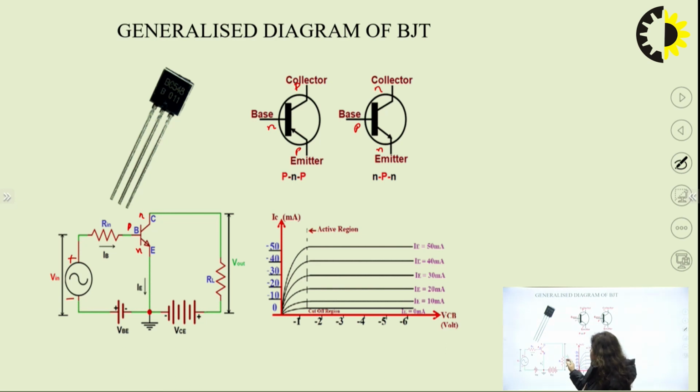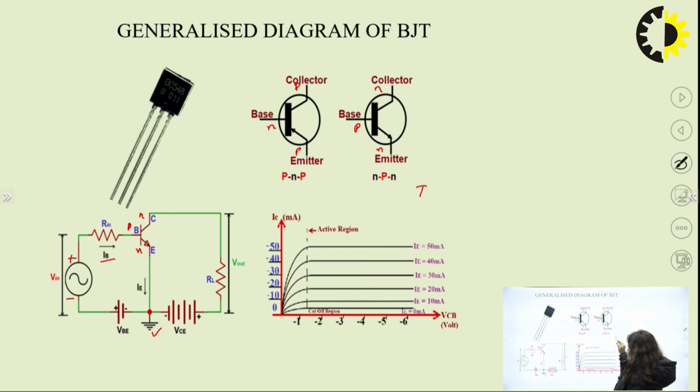We have applied two voltages here, VBE and VCE, and the emitter is grounded. The current flowing through this resistance is the base current IB, the current in the emitter circuit towards the ground is IE, and the current collected through the output resistance at Vout is IC. So we have these three currents.